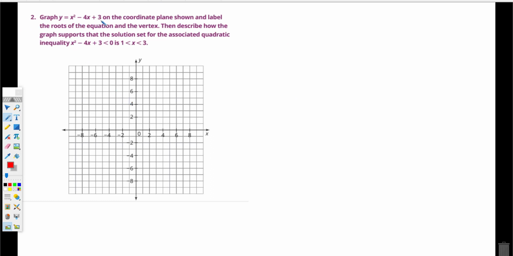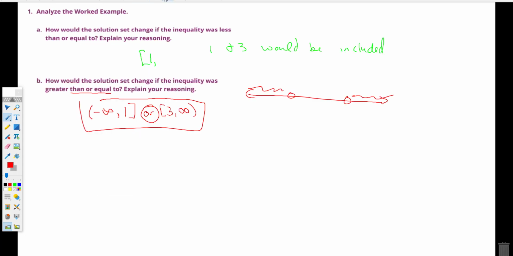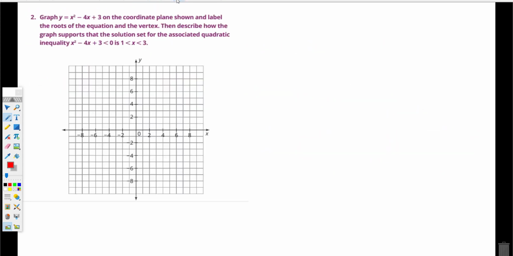So if we graphed this on the coordinate plane, which is that same one that we were working with, we know our two x-intercepts are 1 and 3, and our vertex was in between them.